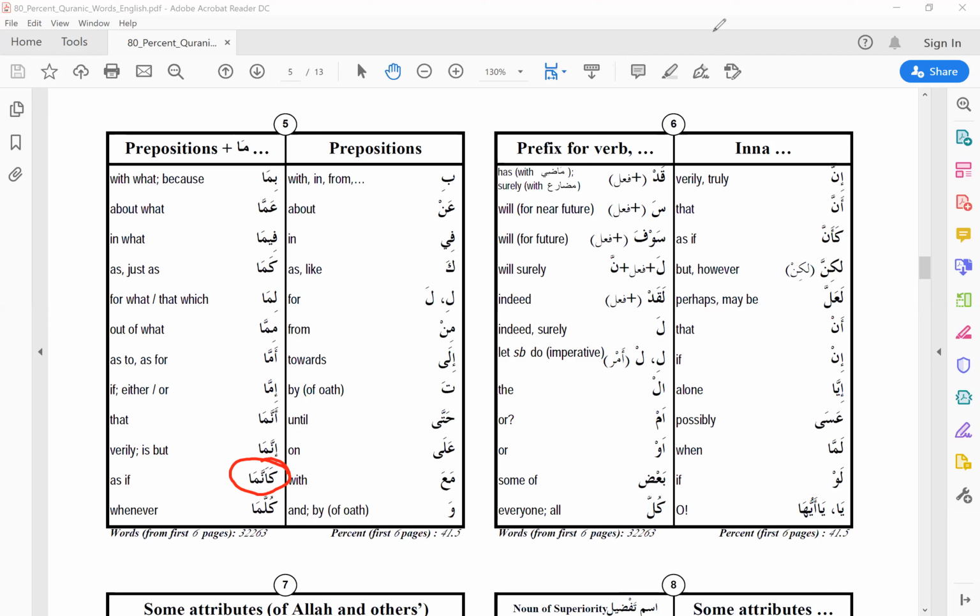In general, there are different usages, but ka'anna is more that you're giving that similitude, and ka'annama also gives that similitude, but then you have that ma in it. Scholars would go into more arguments on what the ma, which is ism al-mawsul in this situation, would actually mean.